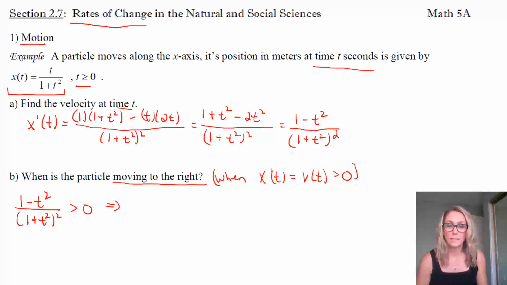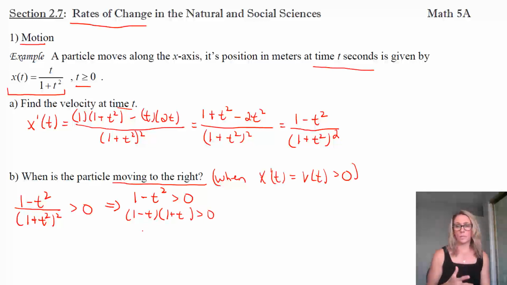So the only thing that could make a difference here would be the 1 minus t squared. We want to know when is that greater than 0. It's the only thing that matters. You could look at some values and think about what values of t I could put in that will give me something greater than 0. The more formal way to do that, of course, is to notice that this is a quadratic. It is a difference of squares. So it is going to factor like this.